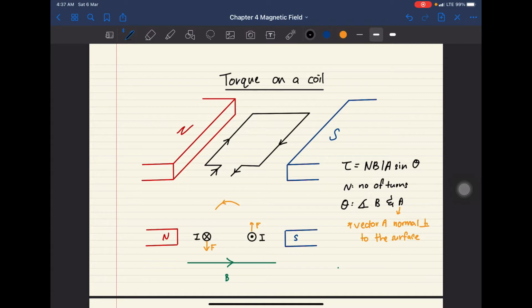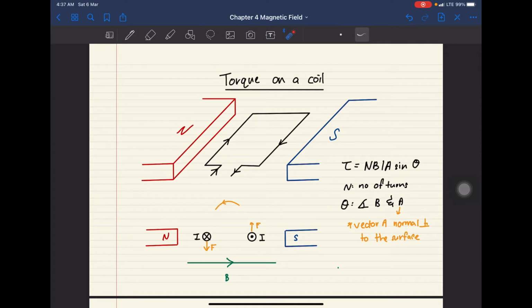We have one particular formula here where torque is equal to NBIA sine theta, where N is the number of turns, B is the magnetic field, I is the current that flows inside the conductor, A is the area, and theta is the angle between the magnetic field and the area vector A.